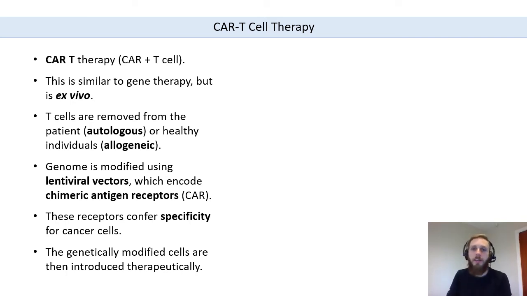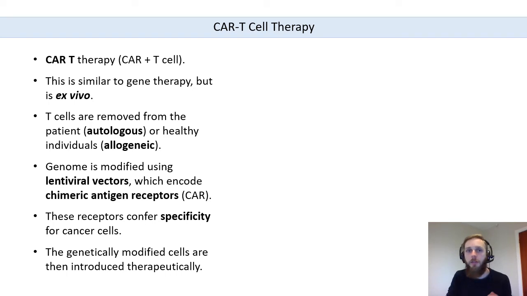Once they're expressing these chimeric antigen receptors, they will have an affinity for cancer cells. So these chimeric antigen receptors allow the immune cells to interact with and target the cancerous cells. The immune cells are being modified using lentiviral vectors in such a way that they are then able to attack cancer cells. Really interesting technique.